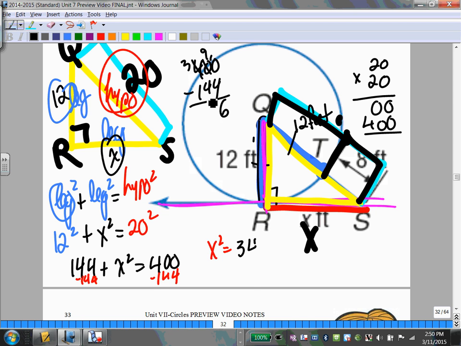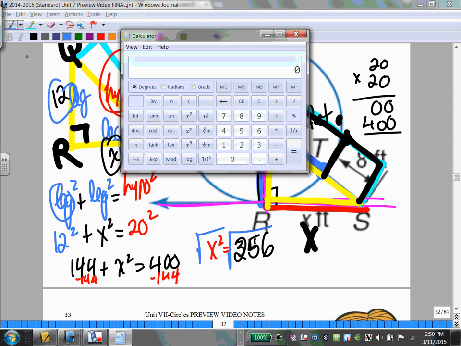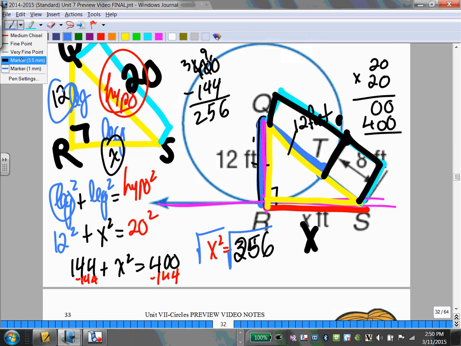It's 256. I know that's a perfect square. The square root of 256 is 16. So you just found our x, which is 16.